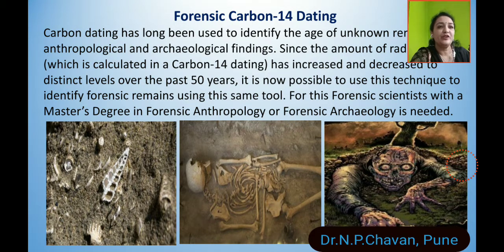Since the amount of radiocarbon calculated in carbon-14 dating has increased and decreased to distinct levels over the past 50 years, it is now possible to use this same tool to identify forensic remains. For this, a forensic scientist with a master's degree in forensic anthropology or forensic archaeology is needed.